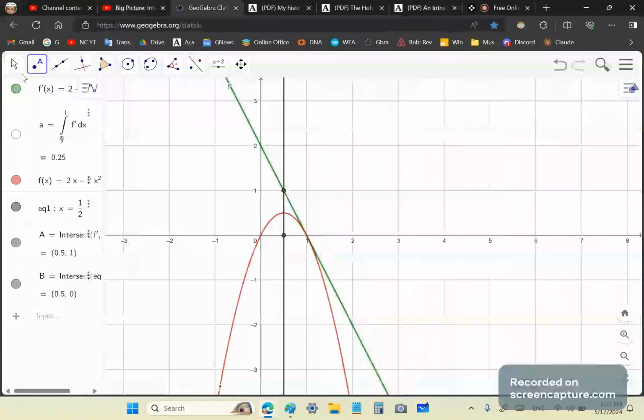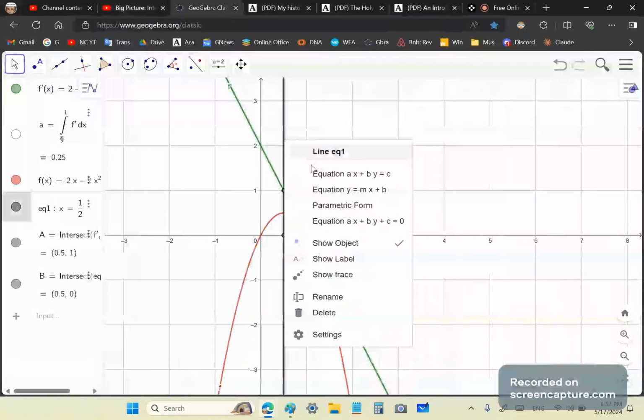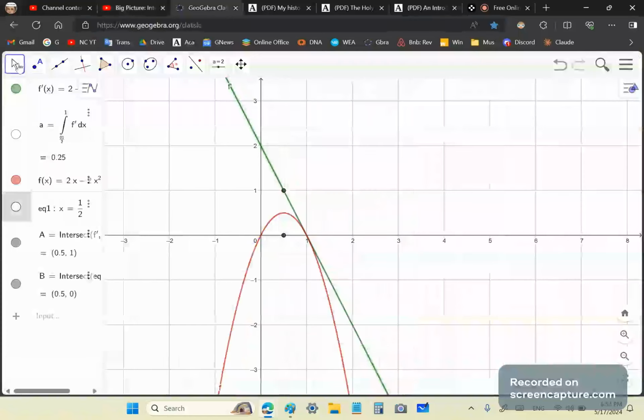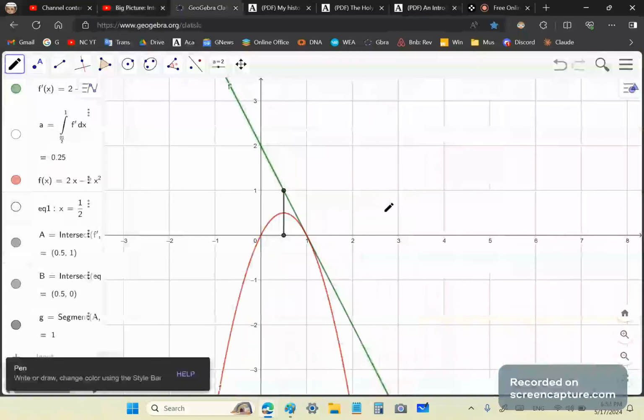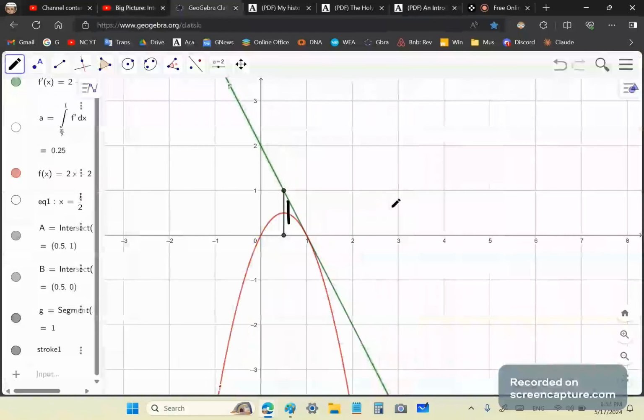Then we can get rid of this object here. So you're saying let's find the arithmetic mean of all these line segments, all these y values inside here.